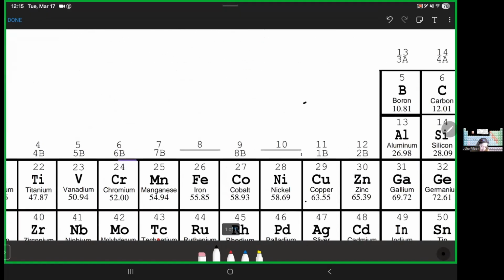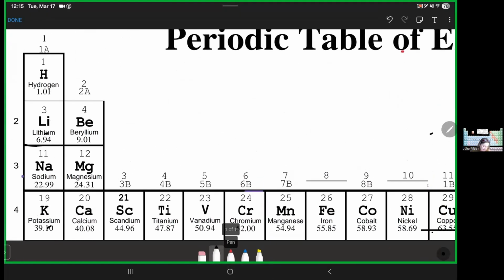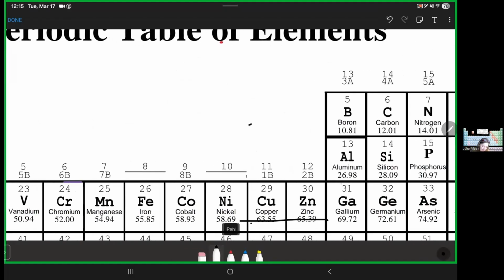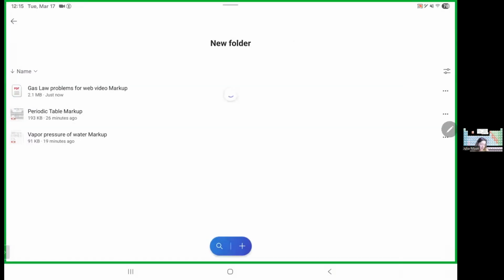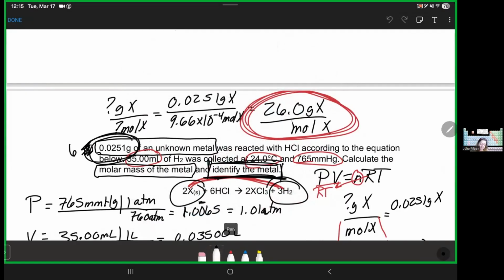So magnesium is 24, aluminum is 26.98, and we're at 26. So it looks like aluminum is the closest one. Remember, it's an experiment, so there's always error involved. We're not going to get the exact molar mass of the metal, but it's closest to aluminum. So we would say that that metal is aluminum.